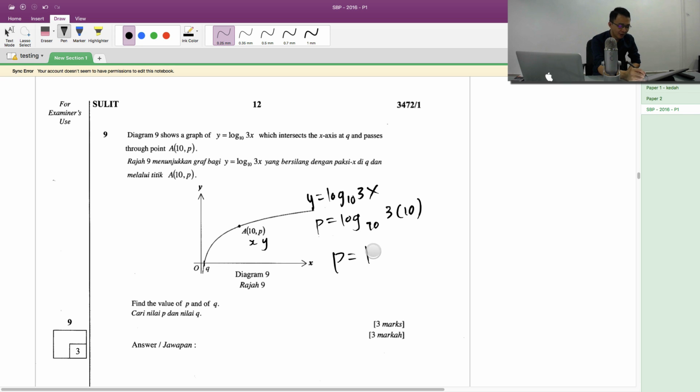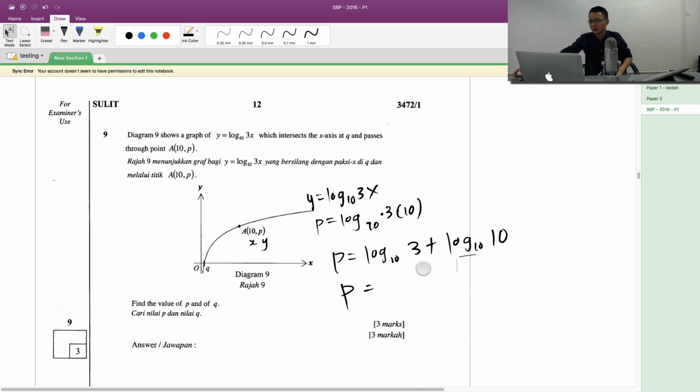This one is log10 3 plus log10 10, because by the log rule, multiply here means plus. So log10 10 is 1, log10 3 is some number, so you can use the calculator to solve it. So I say log 3 plus 1. So your P is just 1.477.